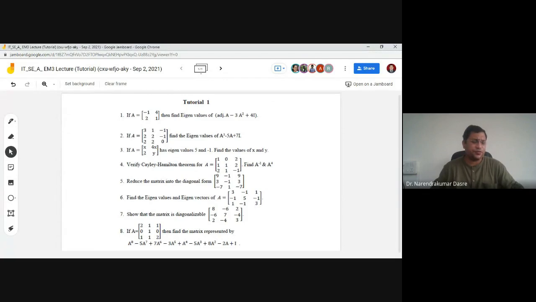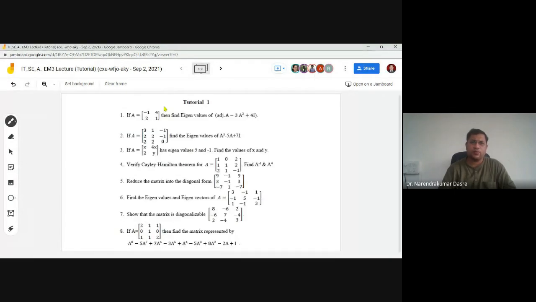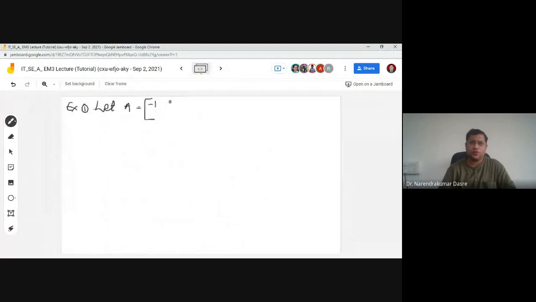What is the matrix we have? A is equal to... so we can go with example one. Let A is equal to, what is the matrix A we have? Minus 1, 4, 2, 1.